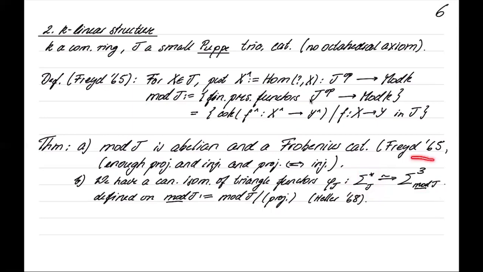So notice that this only depends on the additive or the K-linear structure of the module category, and so only on the K-linear structure of the triangulated category. This functor depends on the choice of suspension, and this isomorphism depends also on the triangulation.